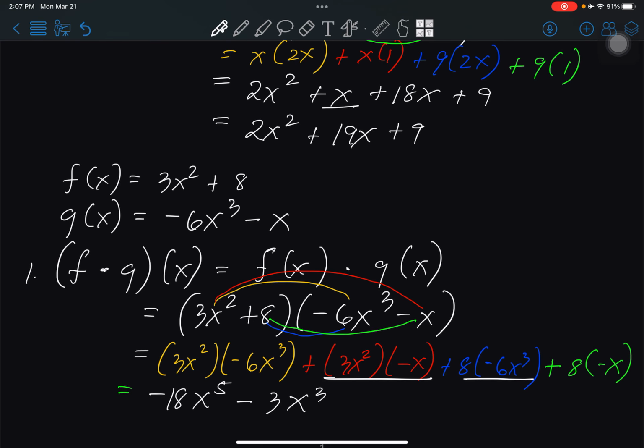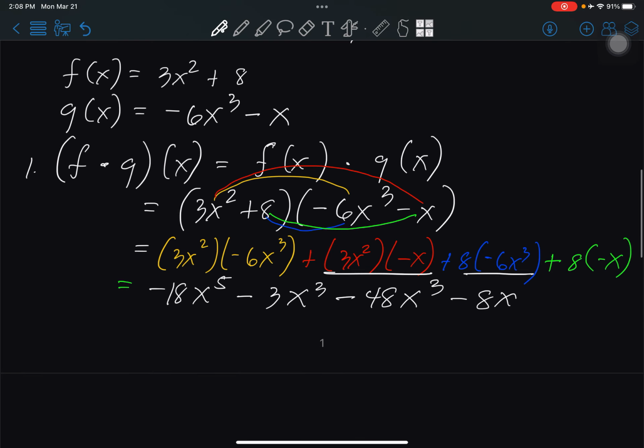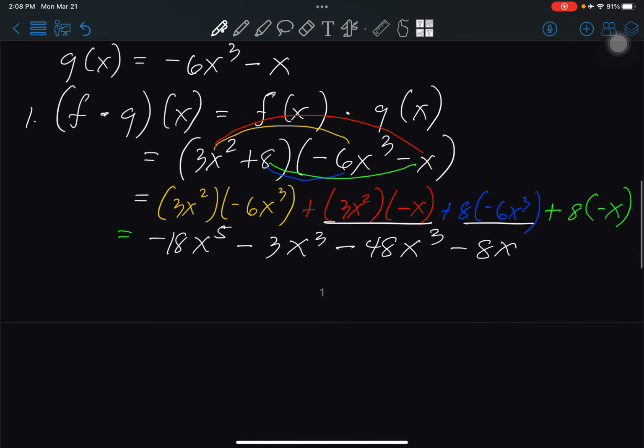Then the next one, we have here 8 multiplied by minus 6x cubed. That will become minus 48x cubed. Then, 8 multiplied by minus x will become minus 8x.